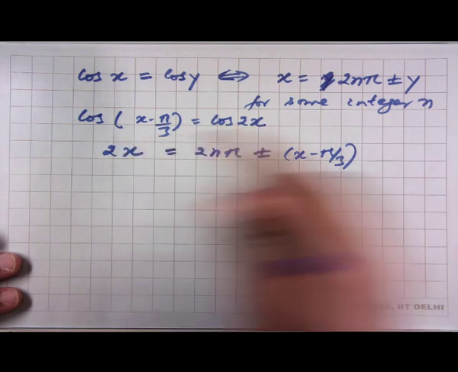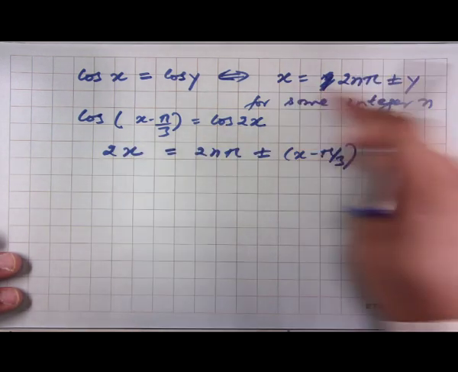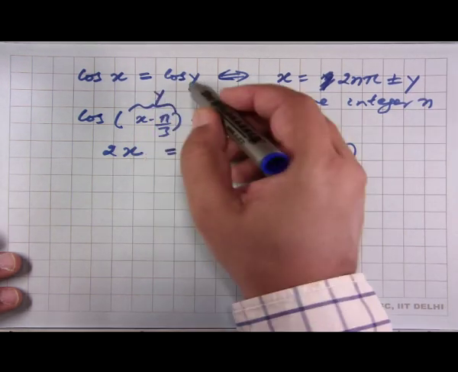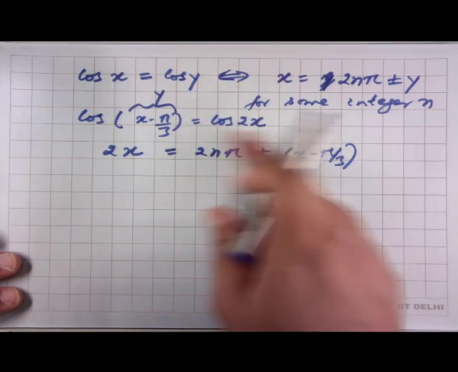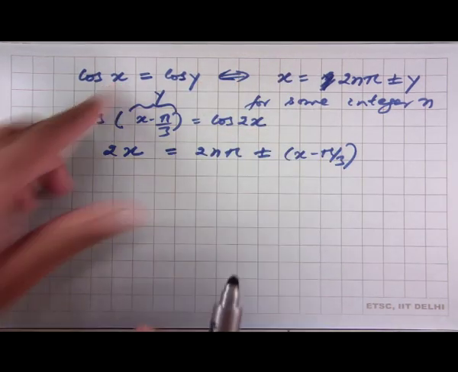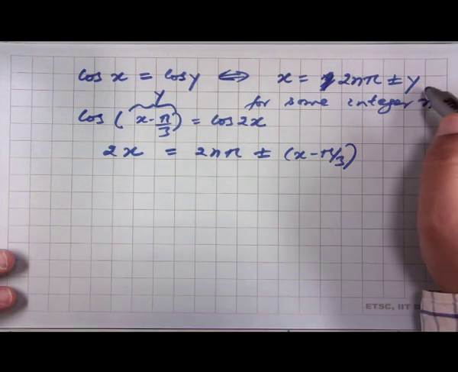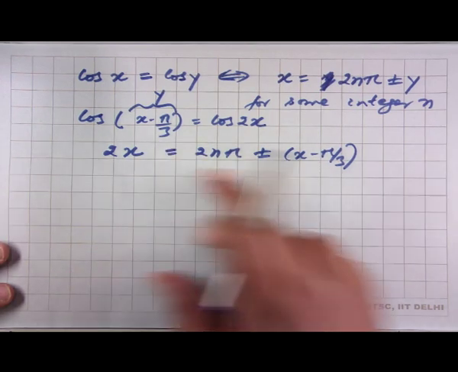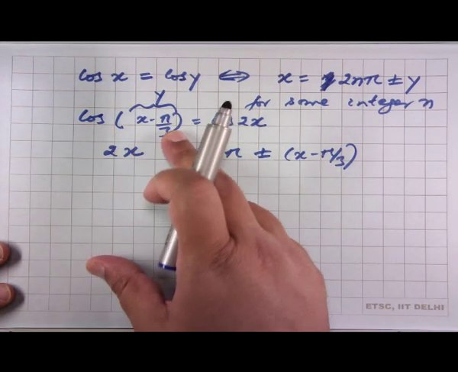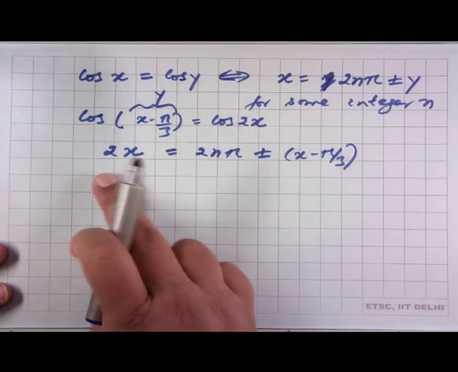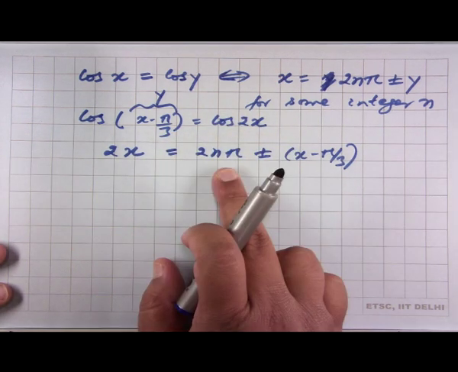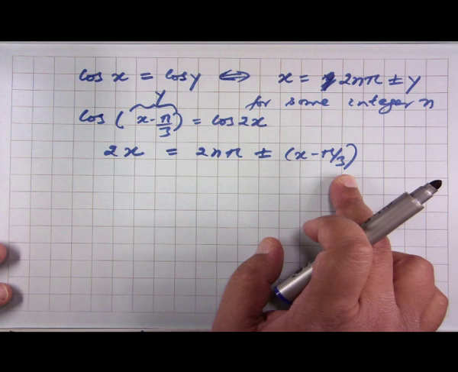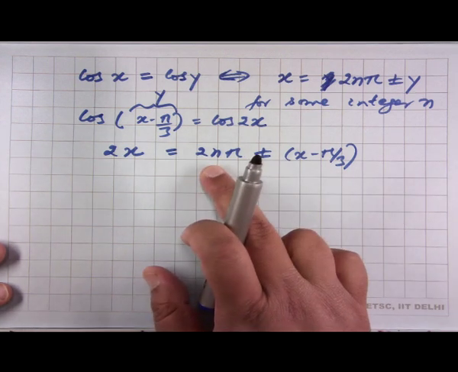Essentially what we are doing here is using this identity, taking this as our y in this equation, and this as our x. Then we end up getting that if cos of (x minus pi by 3) is equal to cos of 2x, then it must be true that 2x is equal to 2n pi plus minus (x minus pi by 3). But here n should be an integer.